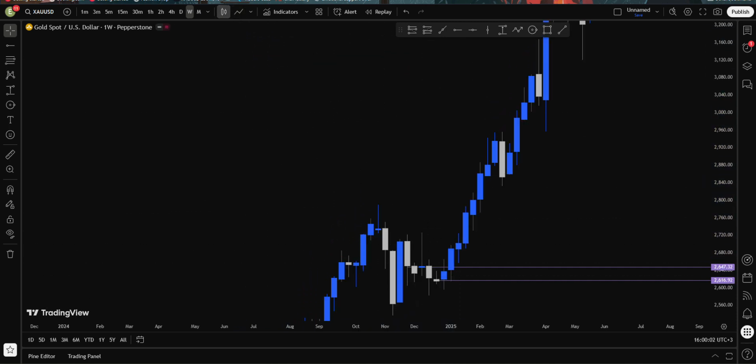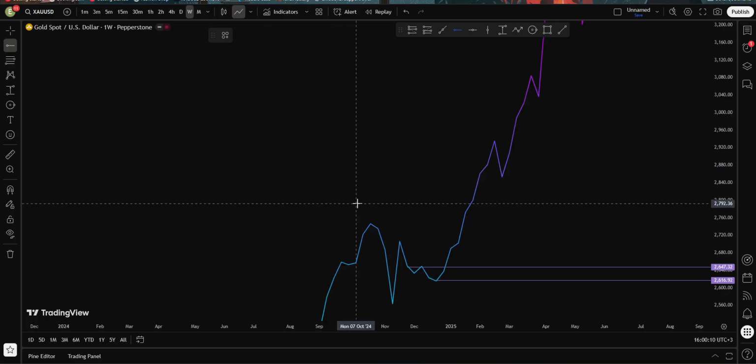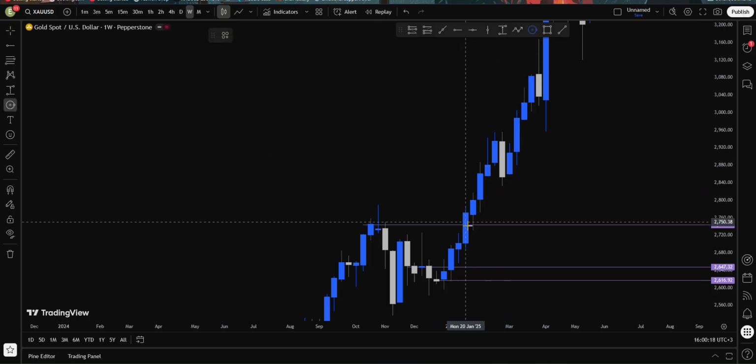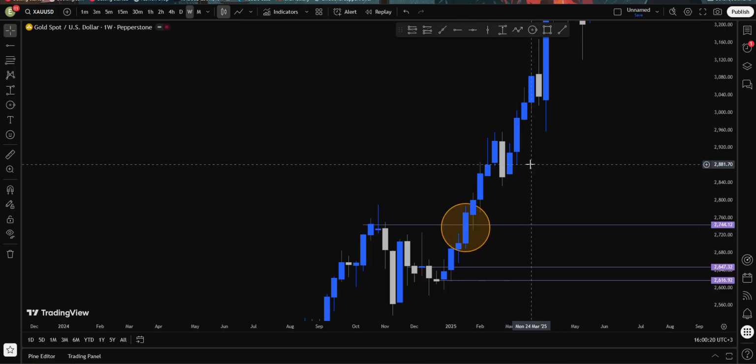You can see that when a resistance is broken, it becomes a support. You can see what happened here. All this is just simple price action.